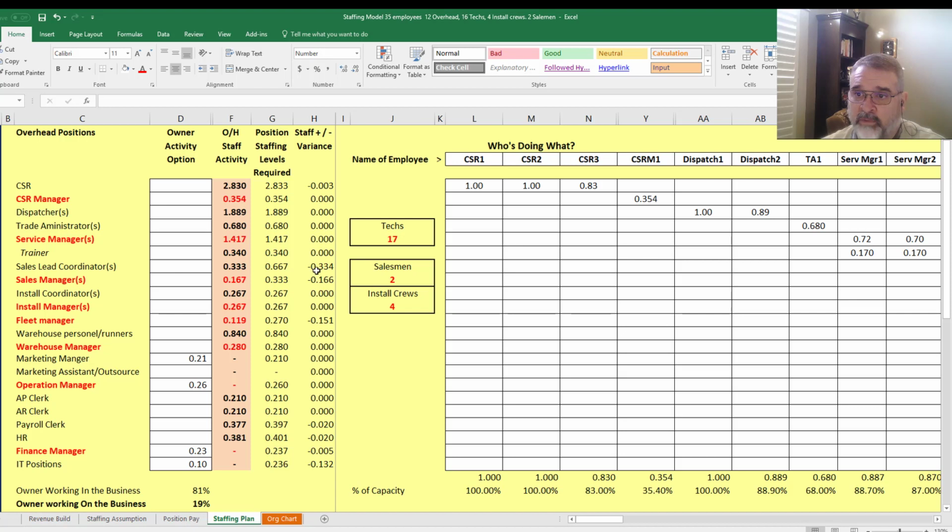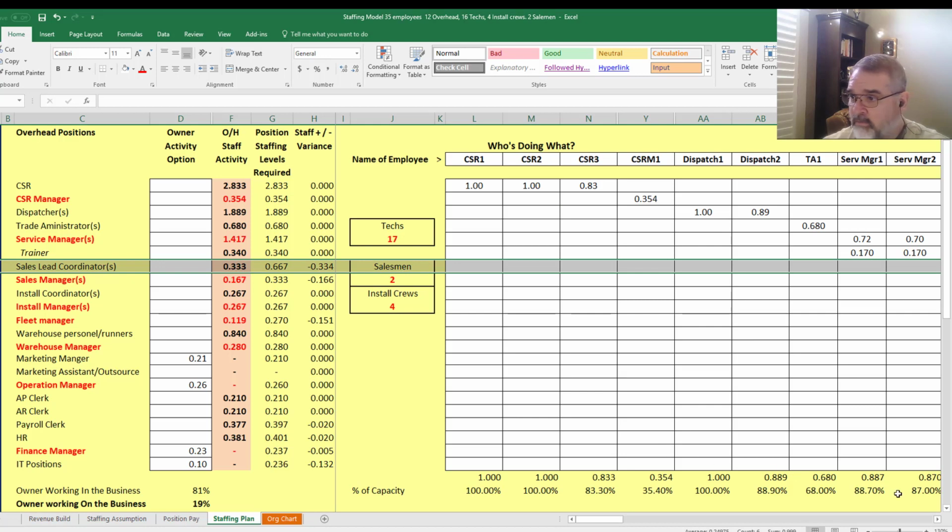We've got to bring this thing all the way down. Got to put this column in zeros, so I'm a 0.3 off here on zeros. So I've got to make this a 0.833. That'll bring that to a 0. Sales lead coordinators. The sales lead coordinator position is now over here.